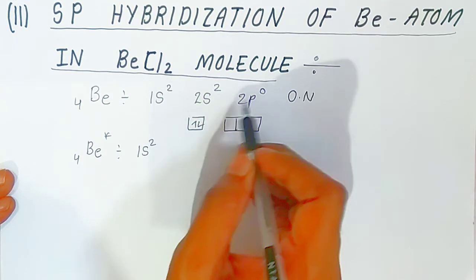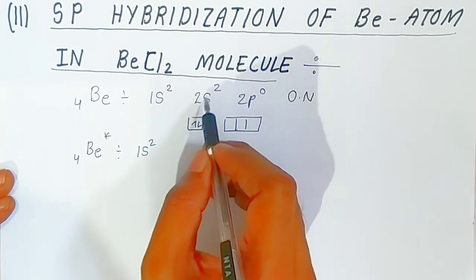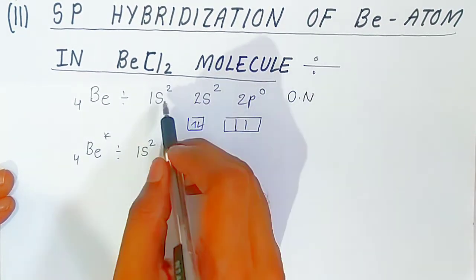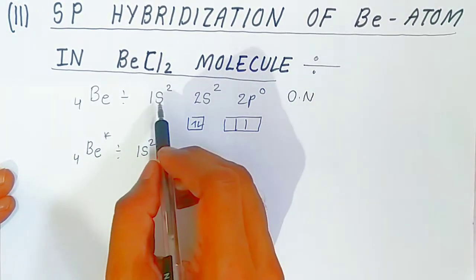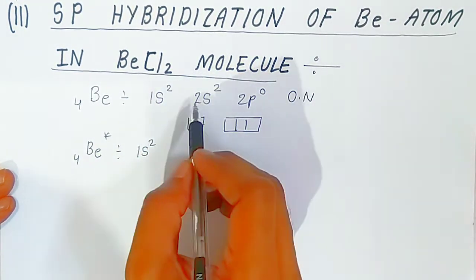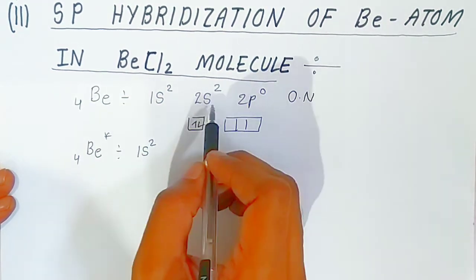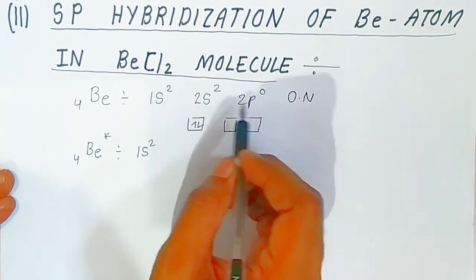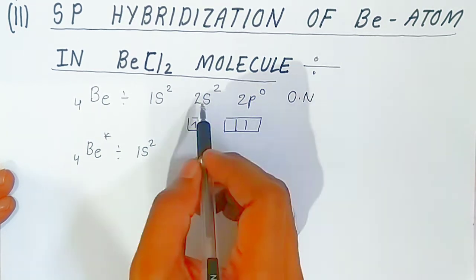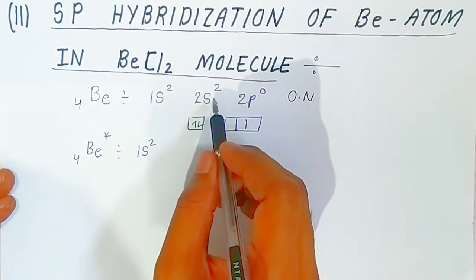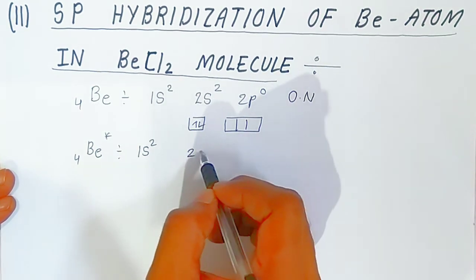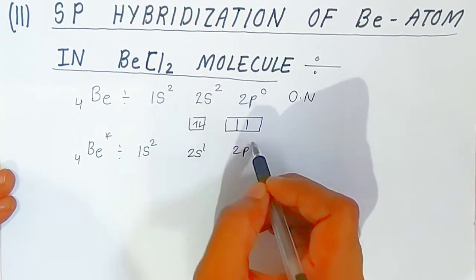These two orbitals are very close to each other, that is why only these orbitals get excited. 1s2 is not participating in the bonding because it is present in the first orbit. In the second orbit we have two orbitals, s and p. The energy levels of these s and p orbitals are very close to each other, so only they will get excited. So one electron from 2s will be excited and go to the 2p1 orbital.